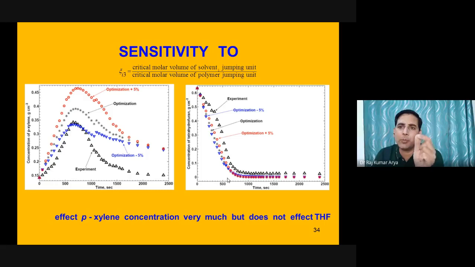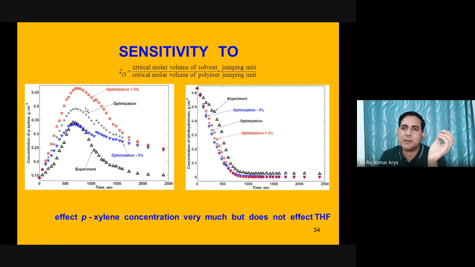Just changing the point value, my prediction goes completely out. If you change this zeta 13 by plus minus 5% here, around my optimized one, just a 5% change gives a huge change in the prediction. And my experimental data is somewhere here.